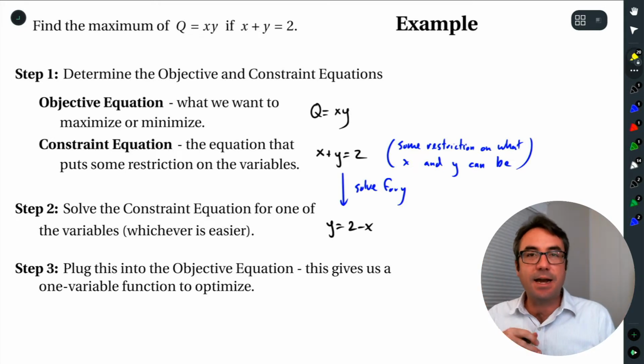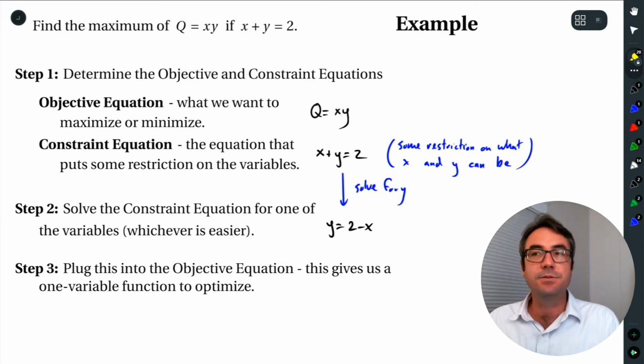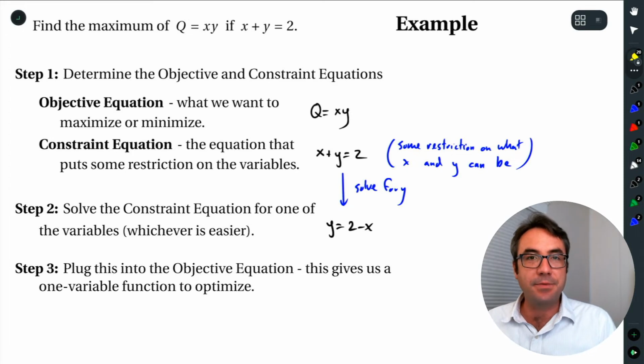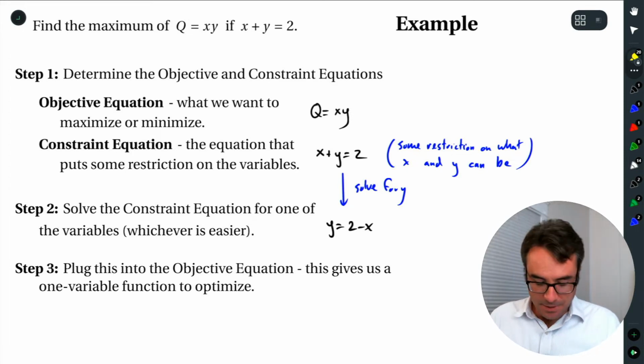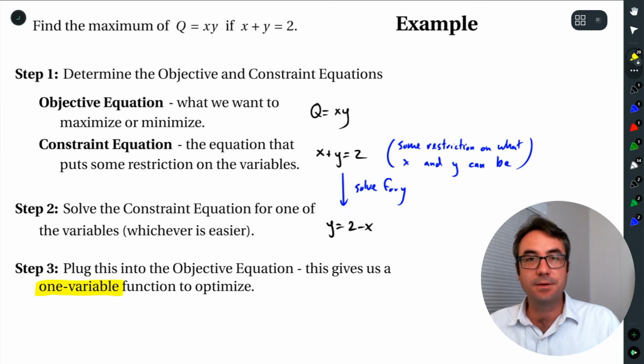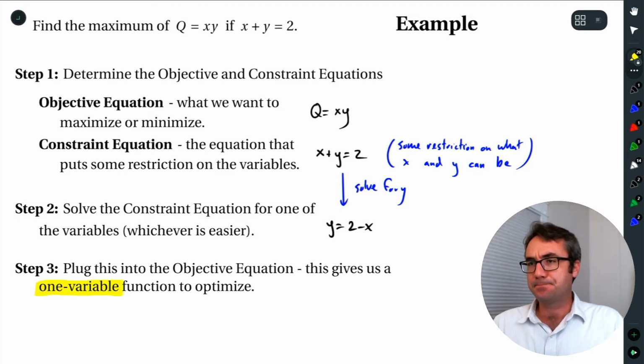That's multi-dimensional calculus, that's Calc 3. There are ways to do this, but they're beyond the scope of this course. So we want a one-variable function because we know how to find the maxes and mins for a one-variable function. This is Calc 1.